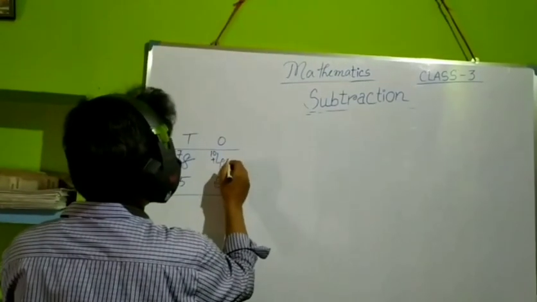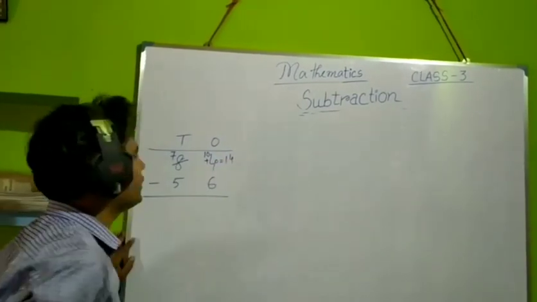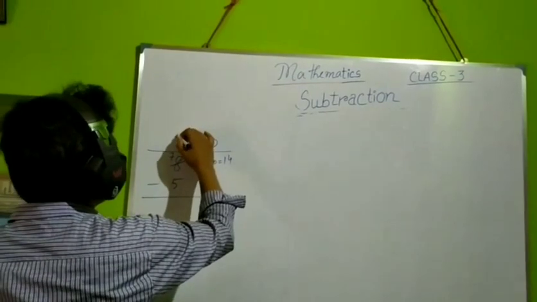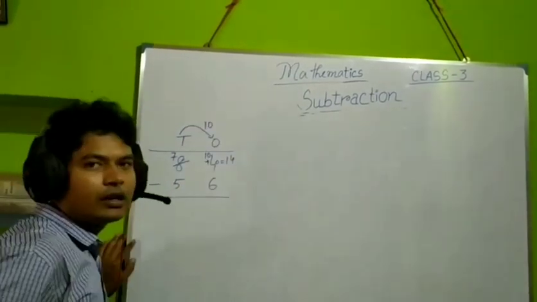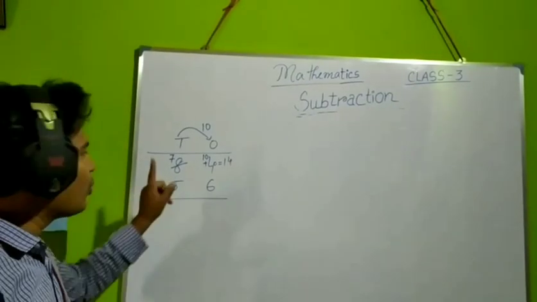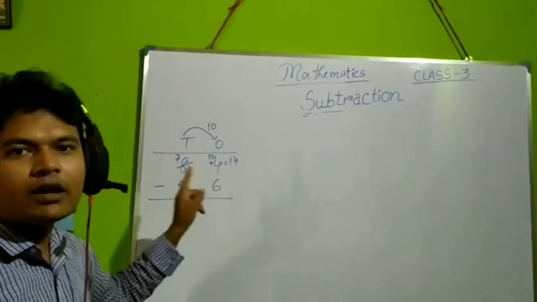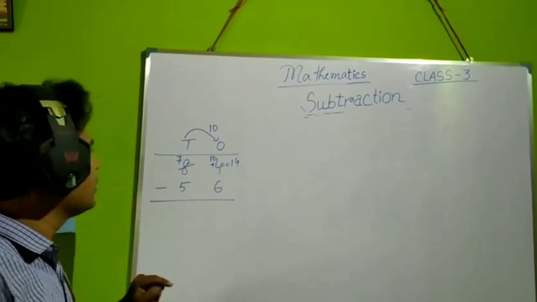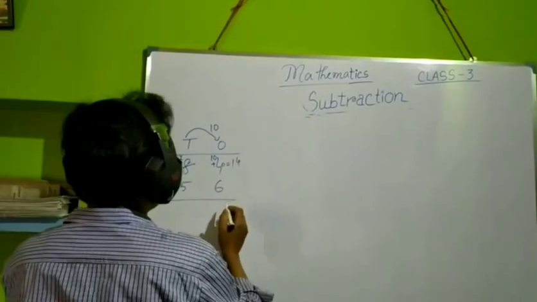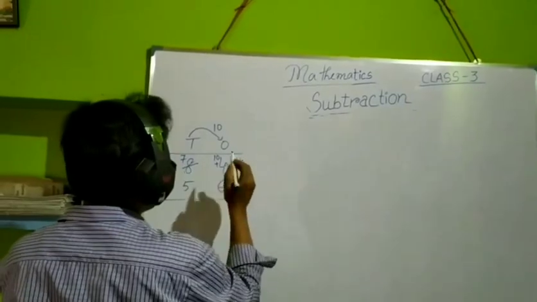That means when these two add, we get 14. As we know, when 1 ten comes to the ones place, it adds like 10, because 1 ten equals 10 ones. So 14. Now we have to subtract 6 from 14.